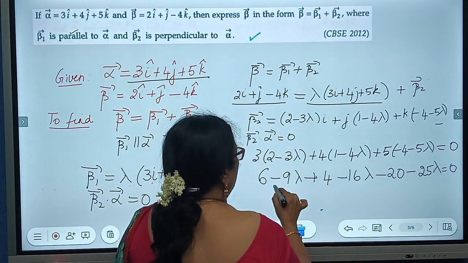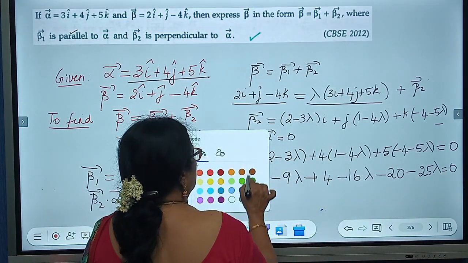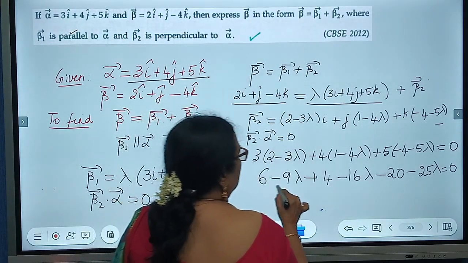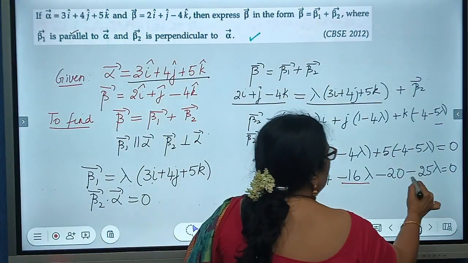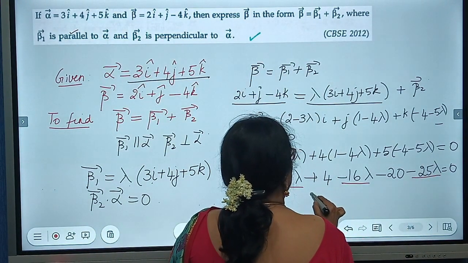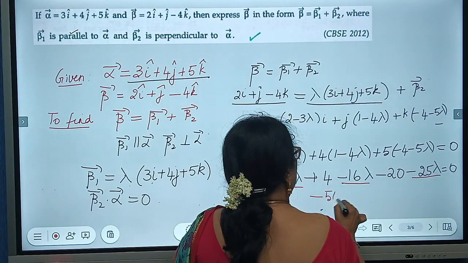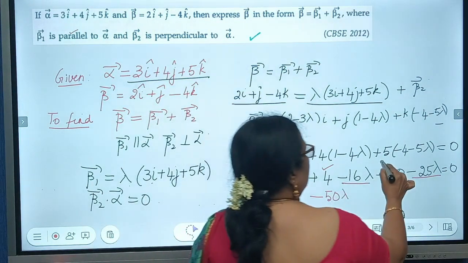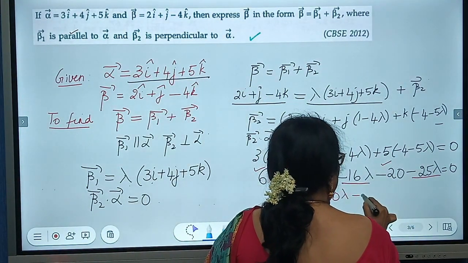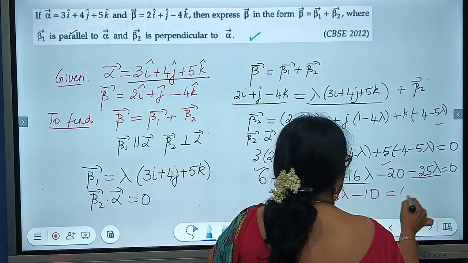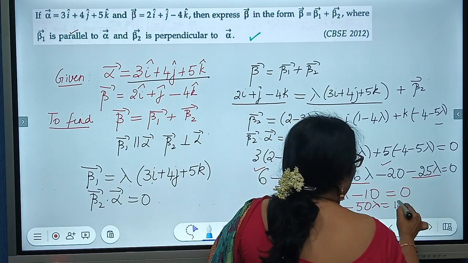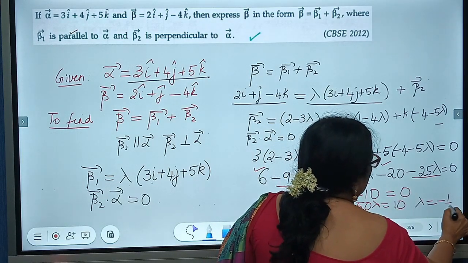So collecting all the lambda terms, minus 9 lambda minus 16 lambda minus 25 lambda gives you minus 50 lambda. 4 plus 6 is 10, 10 minus 20 is minus 10. So minus 50 lambda equal to 10 or lambda equal to minus half.